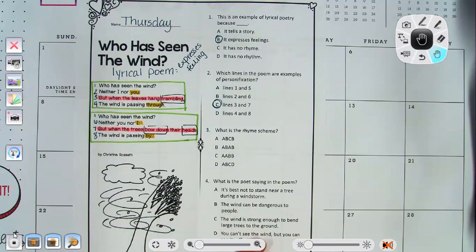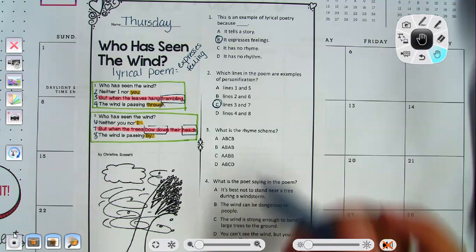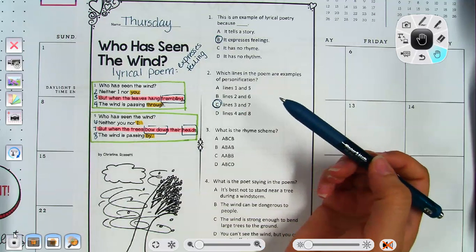Now, we did rhyme scheme on Monday. We talked about how we find if there's a pattern in the rhyming. So I want you to try to see today if you can figure out the rhyme scheme for our poem.